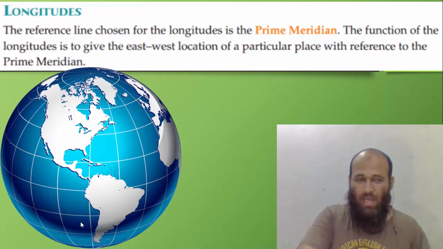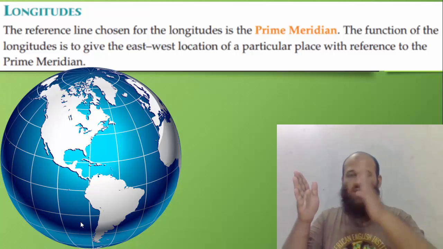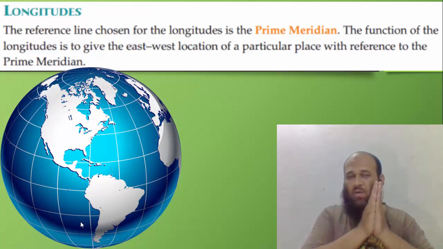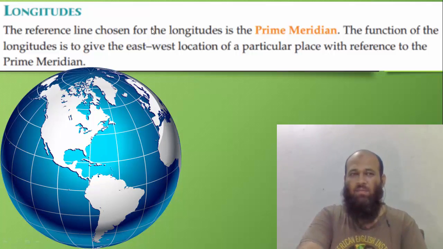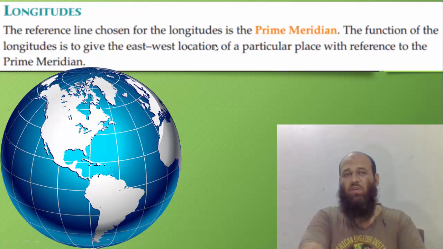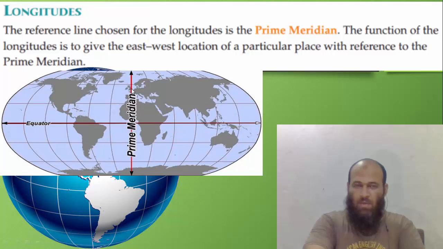But when you have straight lines dividing the Earth into eastern hemisphere and western hemisphere, those are called longitudes, and the main reference line chosen for the longitudes is called the prime meridian. This line passes through Greenwich, near London. That is our prime meridian.